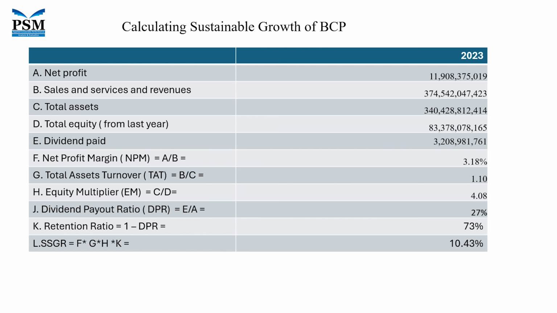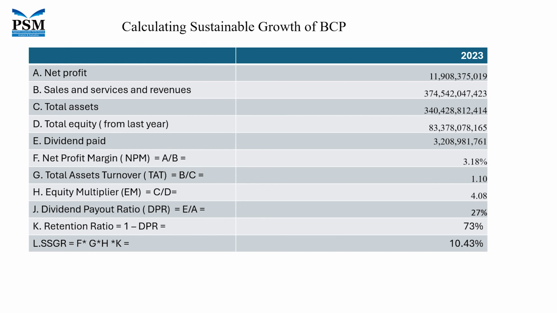It's a multiplier effect. Now we calculate the dividend payout ratio because we are interested in the proportion of the profit paid out to the shareholders and the proportion of profit reinvested in the business. Payout ratio is 27%.